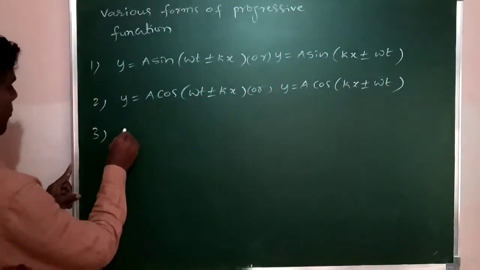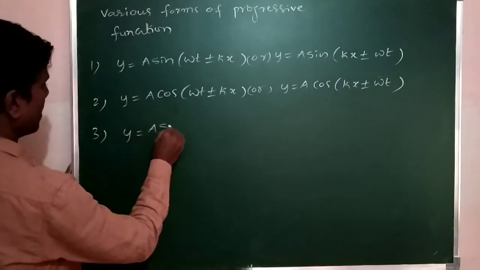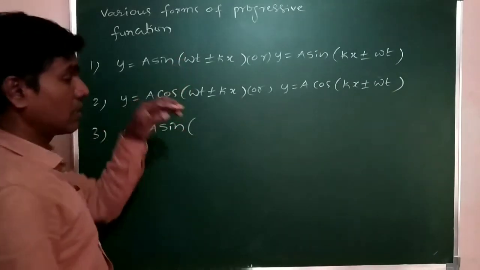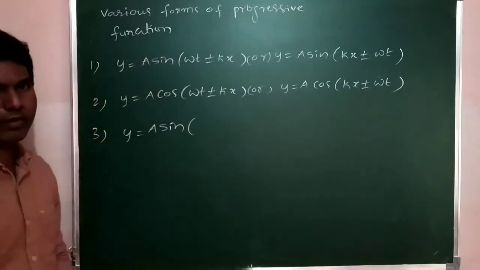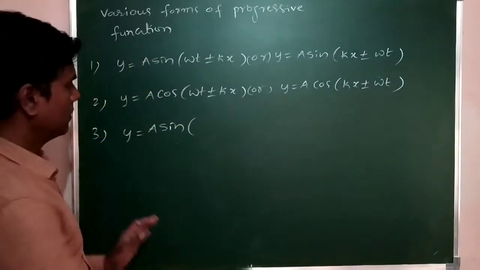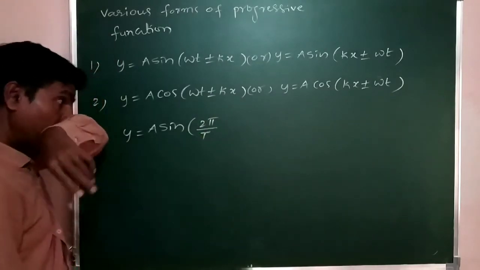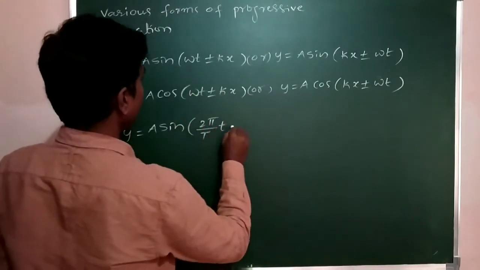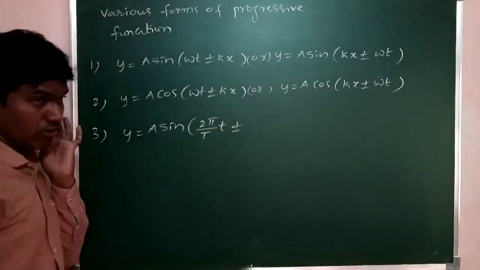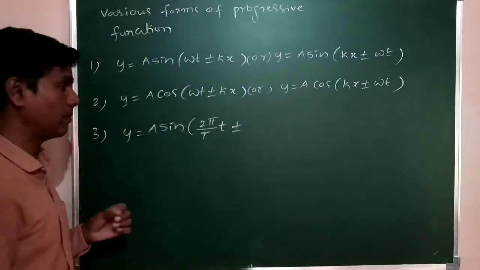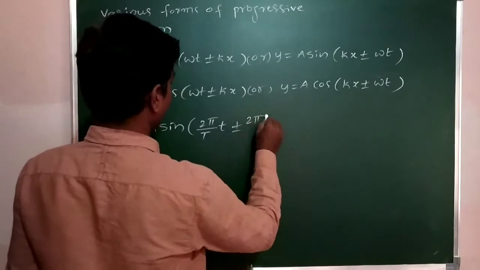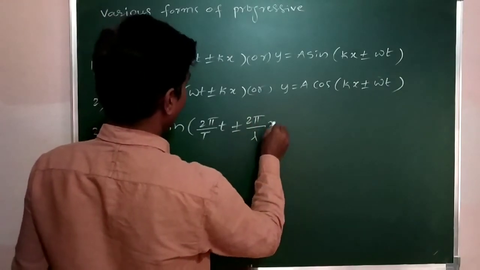The third one is y equal to a sin. We know that omega is 2 pi by T, where capital T is the time period, into t plus or minus the propagation constant k equals 2 pi by lambda, so it can be written as 2 pi by lambda into x.